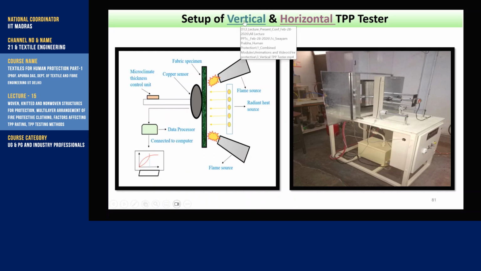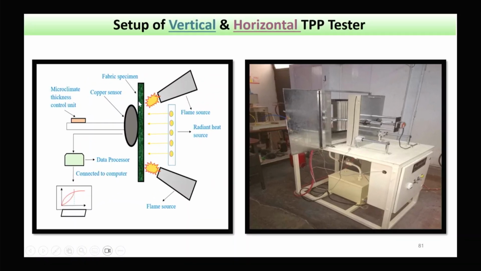Now, another instrument is this, where the fabric is kept in the vertical direction, and here the advantage is that in this equipment two flame burners are there, for which we can change the angle, typically a 45-degree angle orientation, and along with that you can see the radiant heat source is also there.